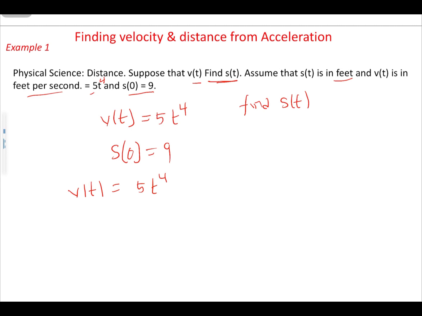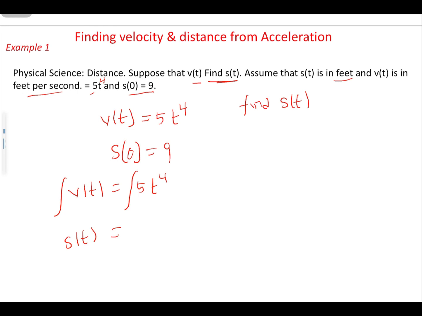As I said, now we are moving from the biggest to the smallest, and therefore we are using what? Integration. So taking the integral of both sides, we are going to get s of t, because when we integrate a velocity function, we are supposed to get a distance function.